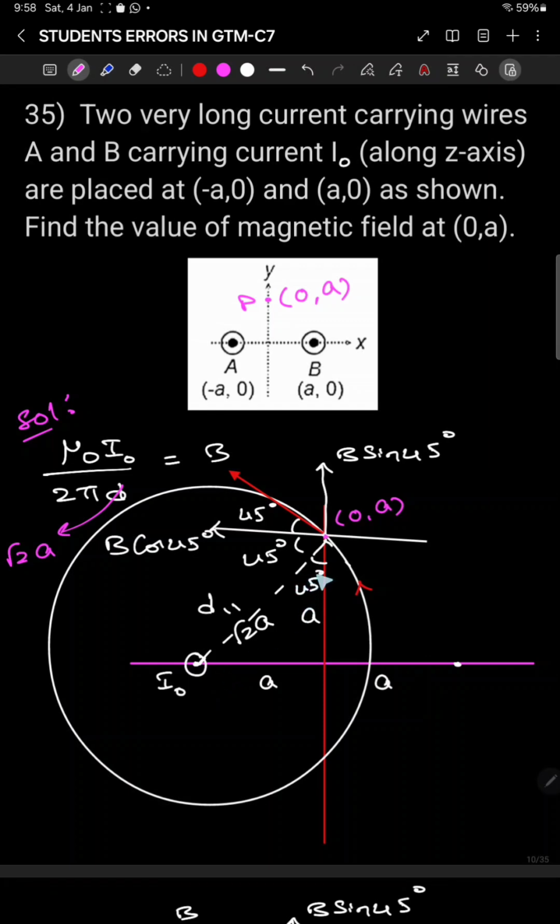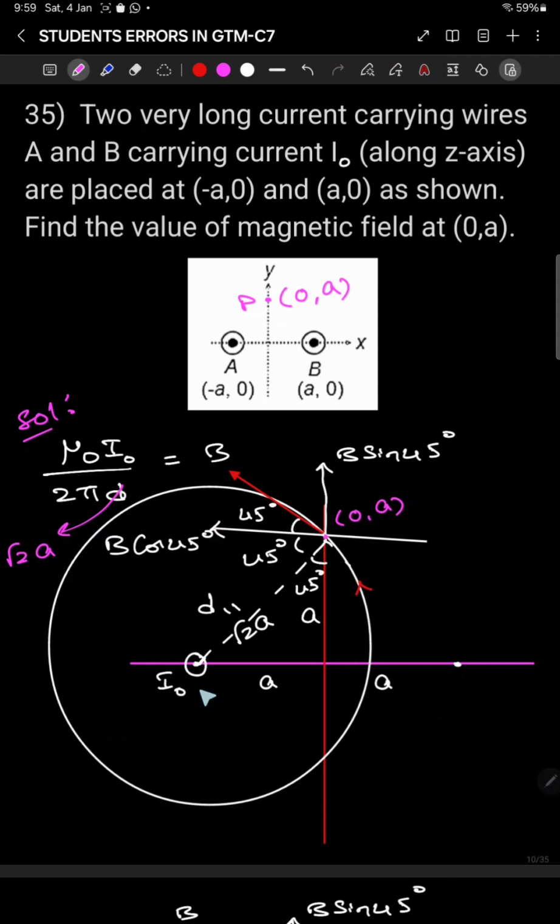So this will be 45° in this triangle, vertical and horizontal. If it is 45°, this also will be 45°. For this circular path, this is a radius and this is a tangent, so this will be 90°. If it is 45°, this also will be 45°. Resolve this B into two components, B cos 45 and B sin 45. Due to the infinitely long wire, the magnetic field at distance d will be μ0 I/(2π d). We know this d value is nothing but √2 a.